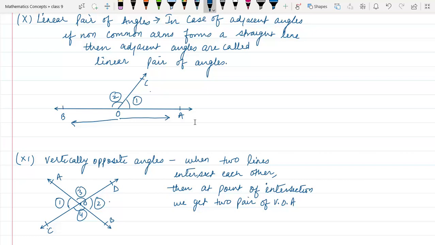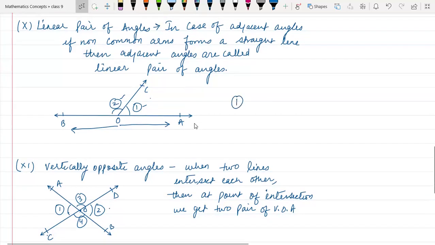In that case, these two adjacent angles 1 and 2 will become linear pair of angles, because this pair of angles is forming a line. Also we can observe the sum of 1 and 2: angle 1 plus angle 2 equal to 180 degree. So you can read the definition also. In case of adjacent angles, if non-common arms form a straight line, then adjacent angles are called linear pair of angles.